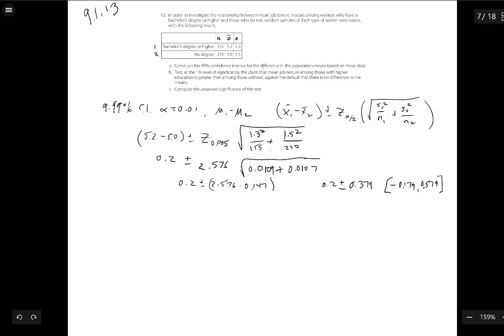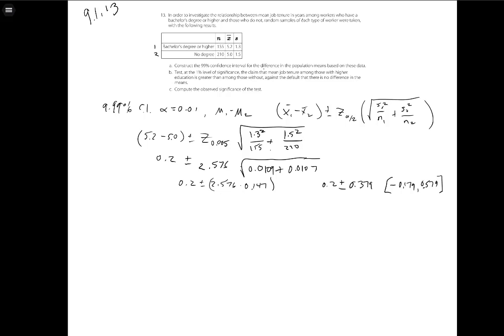Now, as I look at this real quickly, I see that the interval includes 0. My 99% confidence interval goes from a negative to a positive, meaning that the difference, to be confident, includes 0. So that gives me the indication that these aren't going to be that different.